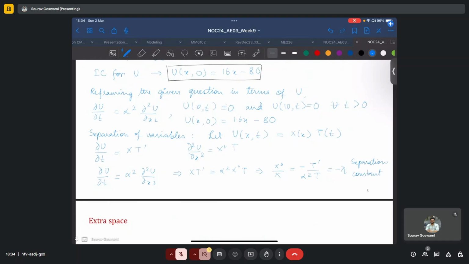We had also discussed why there is a negative sign here, and that is because of convention, because it makes further calculations somewhat simpler.